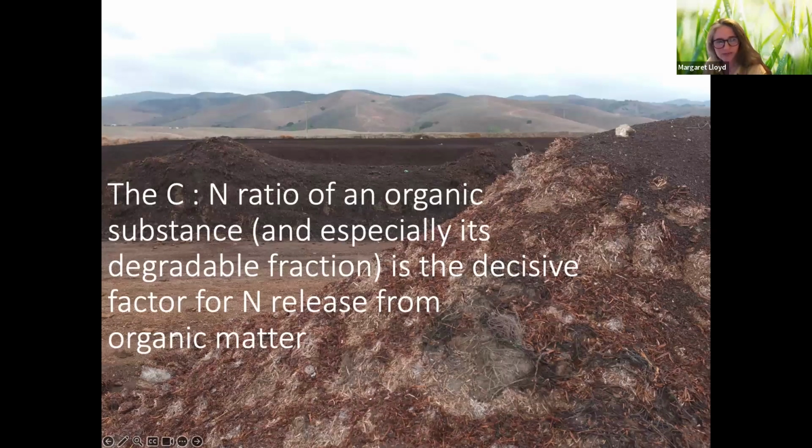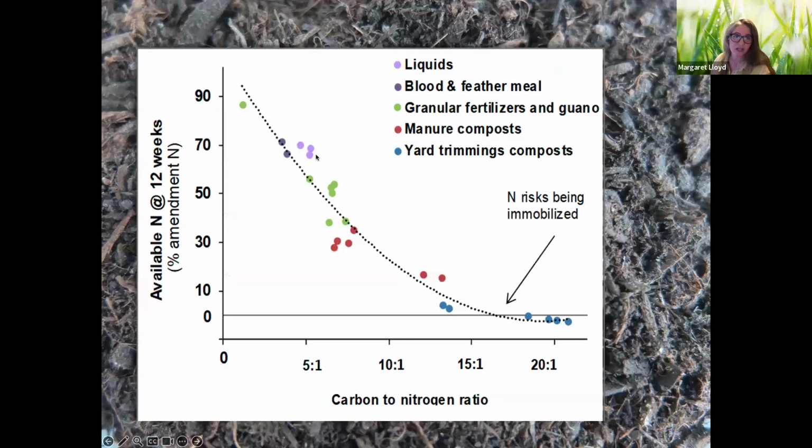And in the studies that we've done and others have done, the carbon to nitrogen ratio of an organic substance is the decisive factor for nitrogen release from organic matter. So if you're able to get that information from your compost supplier, it will be very useful in estimating nitrogen release. So we're going to look at some of these other materials today, but you probably saw this figure in the 8712 document in preparation for today.